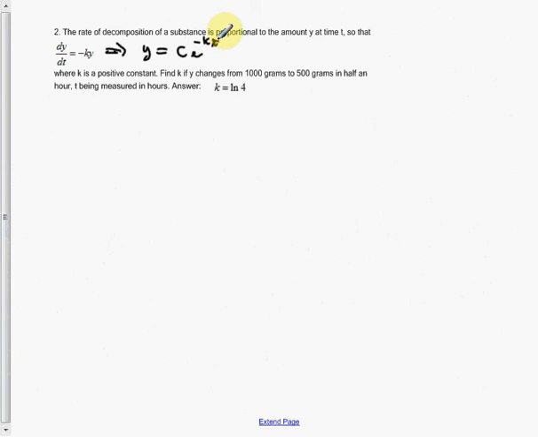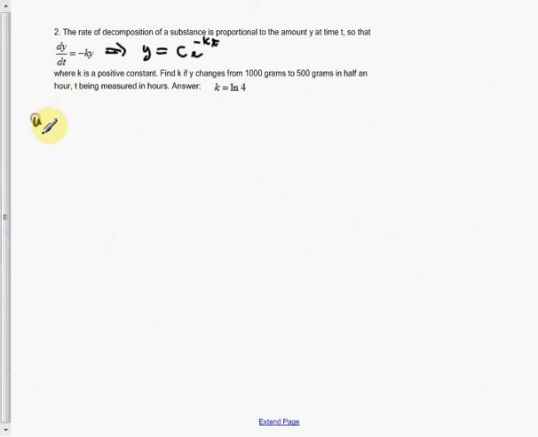It's the same problem from before, but since it's decaying with that negative, it's the same equation type. Instead of the exponent being k times t, it's negative k times t. If you don't see that, you can go back and solve the DE the way we did, and you'll get that when you finish. Is everybody okay with that?